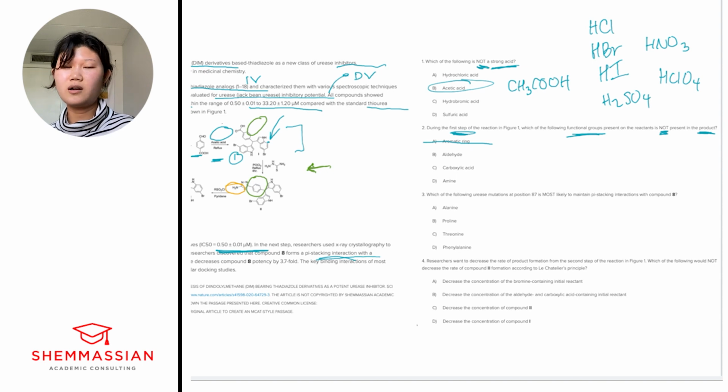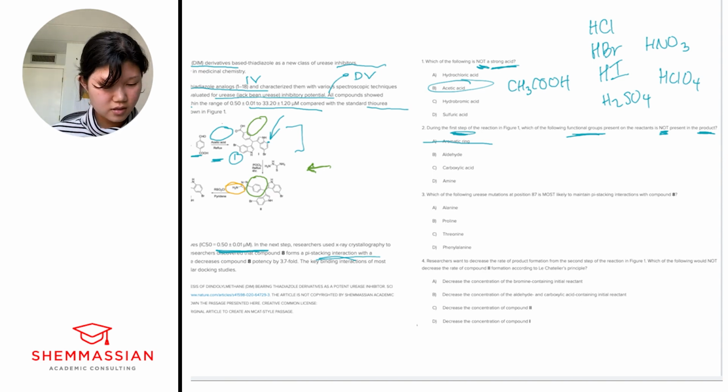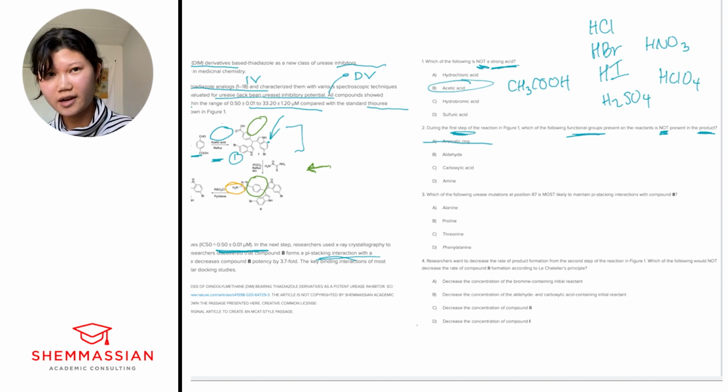So what about an aldehyde? So in the reactant, the aldehyde is here, the CHO, as aldehydes are often abbreviated. But in the product, we do not have an aldehyde.